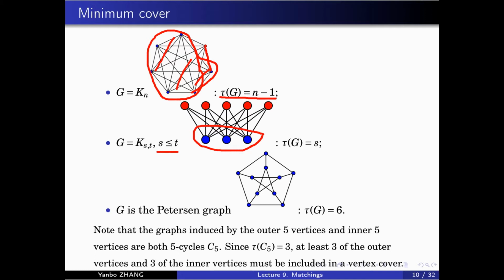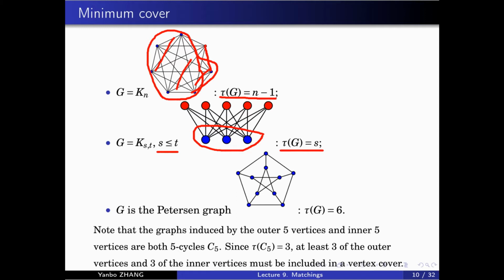But if we delete any S-1 vertices from the graph, there are still some vertices in both of the 2 parts, so it is still non-empty. So to get an empty graph, we need to delete all the vertices in one part. Thus, tau(K_{S,T}) equals S if S is less than or equal to T.